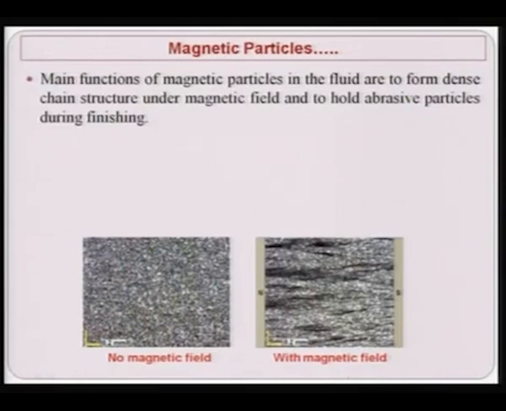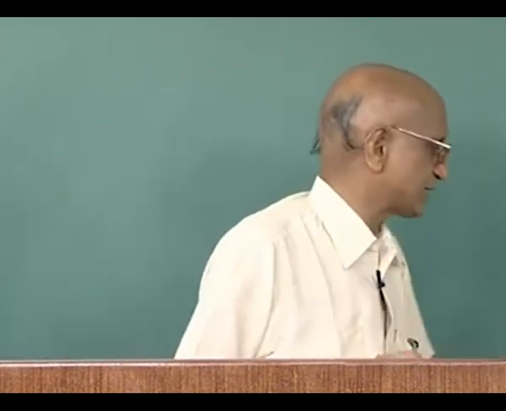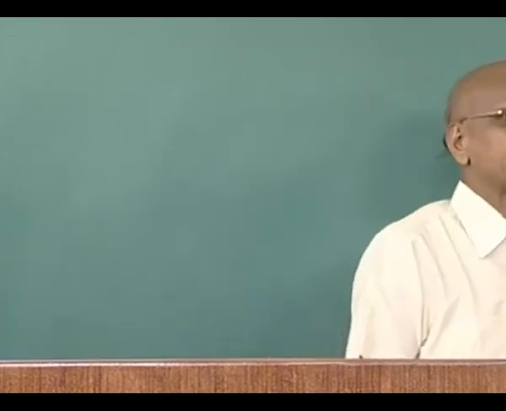When there is a relative motion between the abrasive particles in the chains and the workpiece surface, these abrasive particles act as a tool and remove the material from the peaks of the workpiece surface, and that is how you keep getting a better and better surface finish.